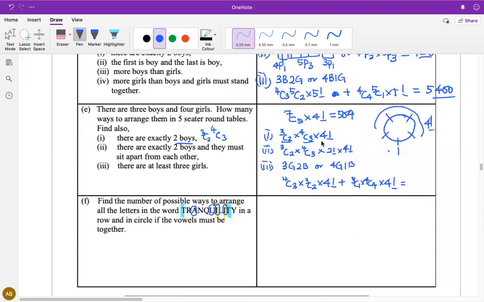And then the 4 factorial. So fix 1 and then 4 factorial. So that is your answer. Okay, 3C2 times 4C3 times 4 factorial. So it's 288.